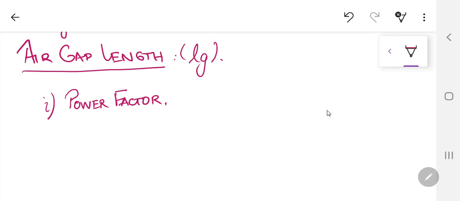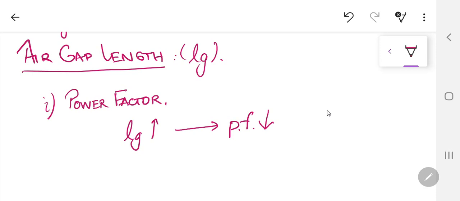Because if the air gap length LG is large, then the power factor is going to be poor, in the lagging region, because it's an induction machine. Remember, in an induction machine there is no chance of a leading power factor. It's always going to be a lagging power factor.